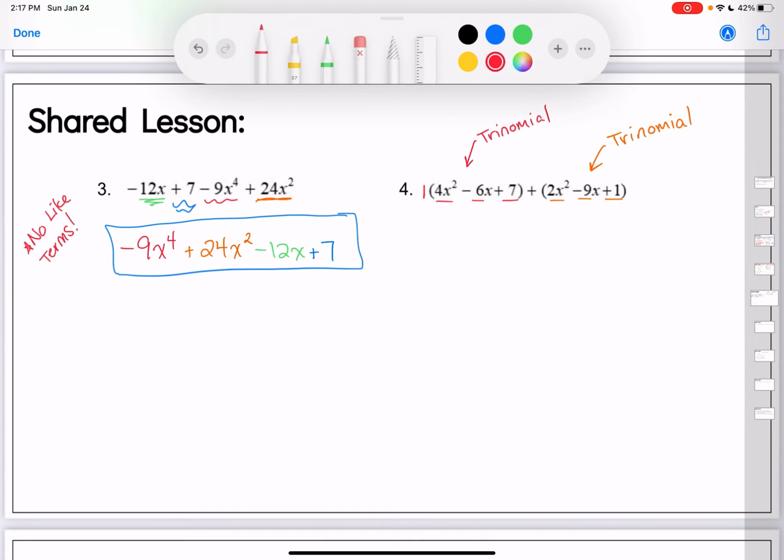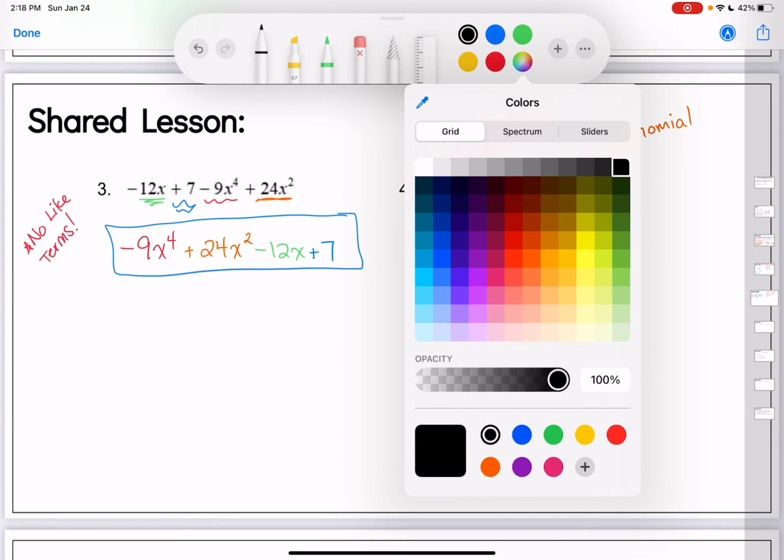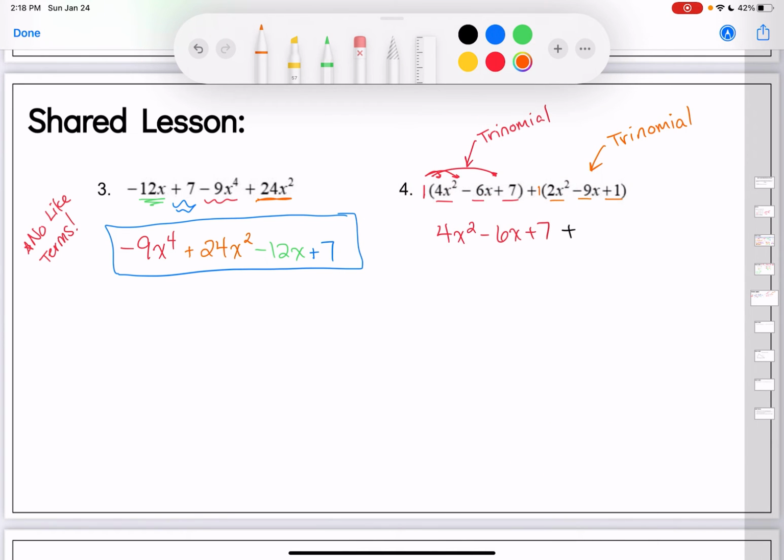So what I need to do is distribute that invisible 1, or you can think of it as just rewriting it without the parentheses before you start adding or subtracting. But I'm just going to do it right now. So 4x squared minus 6x plus 7. And I want to add that to my second trinomial, again, invisible 1 listed out here, distributing that, 2x squared minus 9x plus 1.